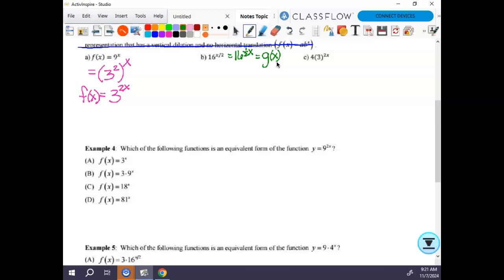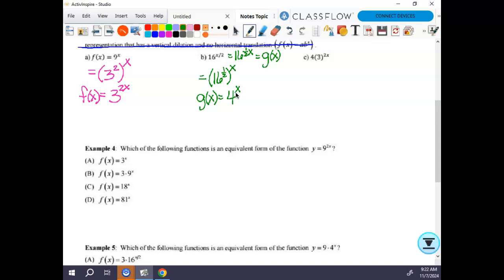So if I have 16 to the 1/2 x power, I can rewrite that as 16 to the 1/2 power to the x power. And then what is 16 to the 1/2 power? 4. So that means that g of x could also be just written as 4 to the x power. Everybody okay with that?